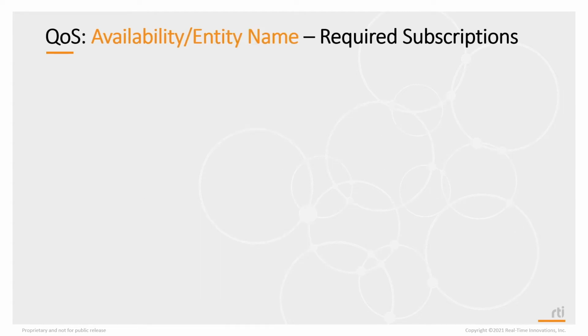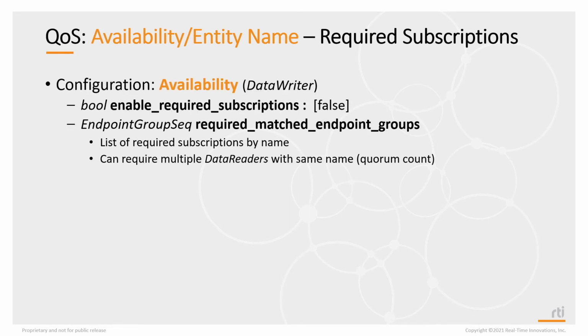Application entity name and required subscriptions. This is configured using the availability QoS policy on the data writer and the entity name QoS policy on the data reader. With the availability policy, you're looking at enabling required subscriptions. First, you have to enable this. Then you give it a set of what we call endpoint groups, and it could just be one.